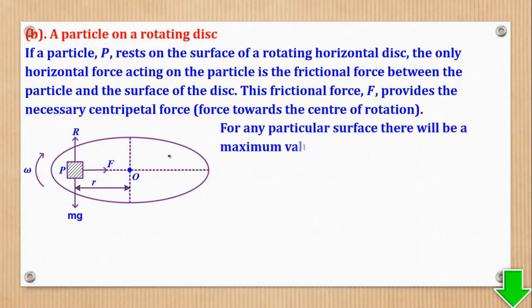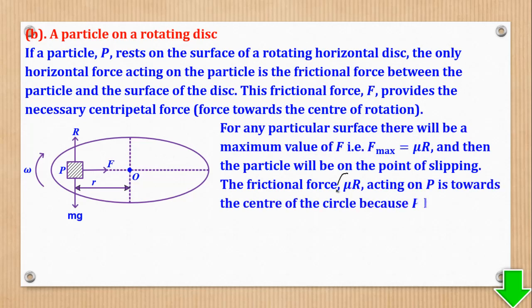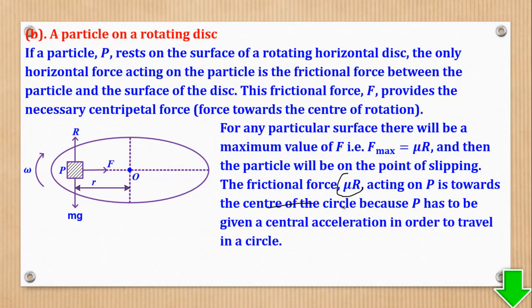So for any particular surface, there will be a maximum value, F max, which is mu R, and then the particle will be on the point of slipping or sliding. So the frictional force mu R acting on P is towards the center of the circle because P has to be given a central acceleration in order to travel in a circle.